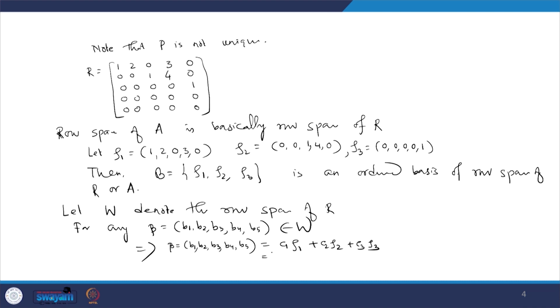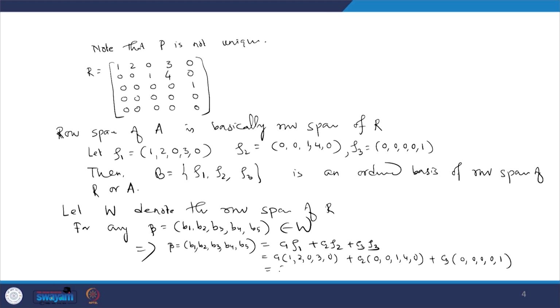This is equal to C1 into 1, 2, 0, 3, 0 plus C2 into 0, 0, 1, 4, 0 plus C3 into 0, 0, 0, 0, 1.